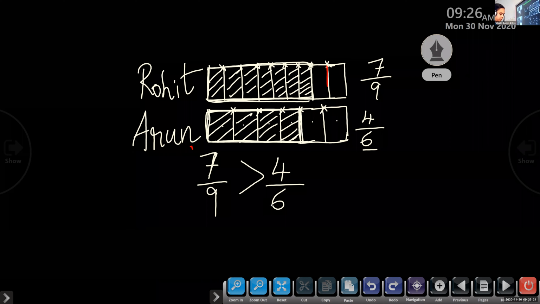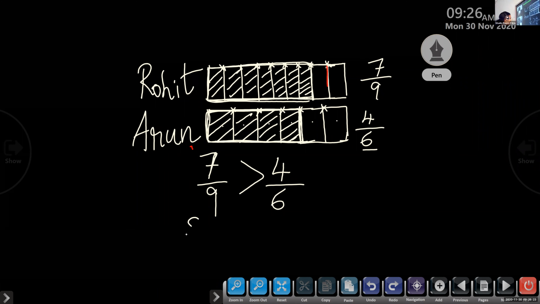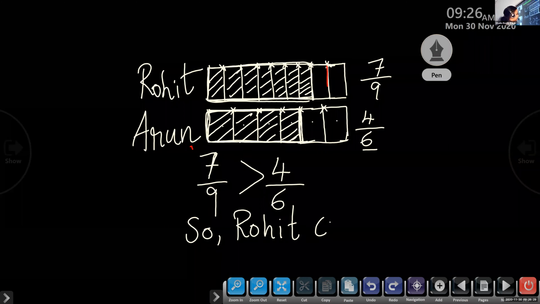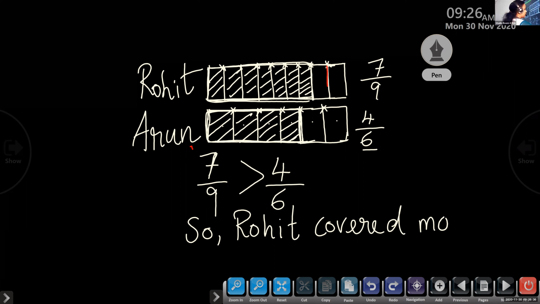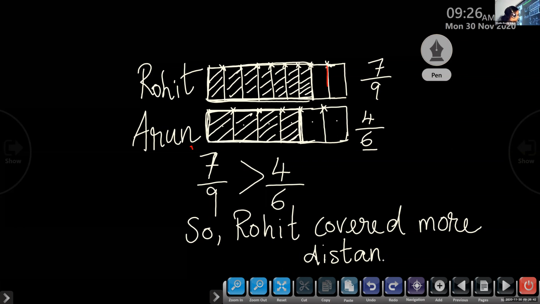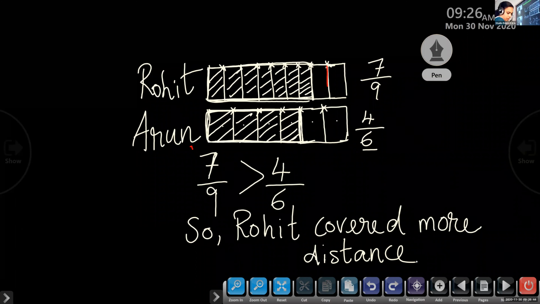So Rohit covered more distance from A to B. Then Arun covered less. Okay.